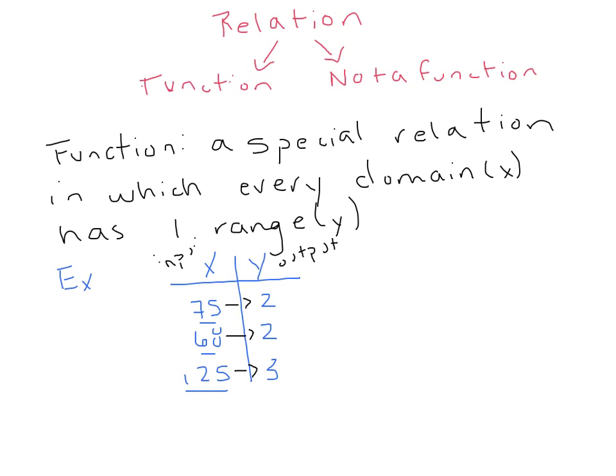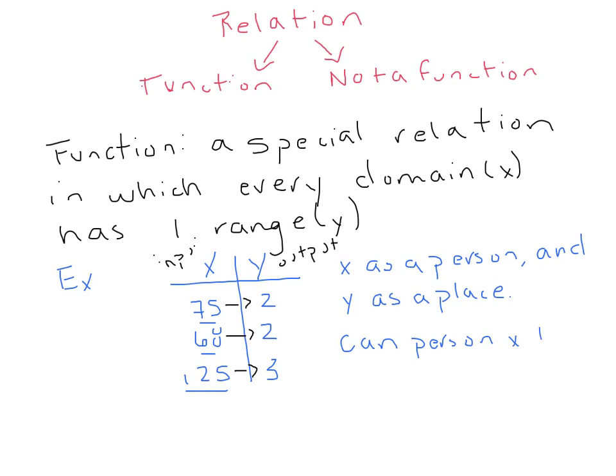Another way of thinking about this is this. Think of x as a person, and I want you to write this down, and y as a place. Okay? And I want you to ask yourself, can person X be in 2 places at once?